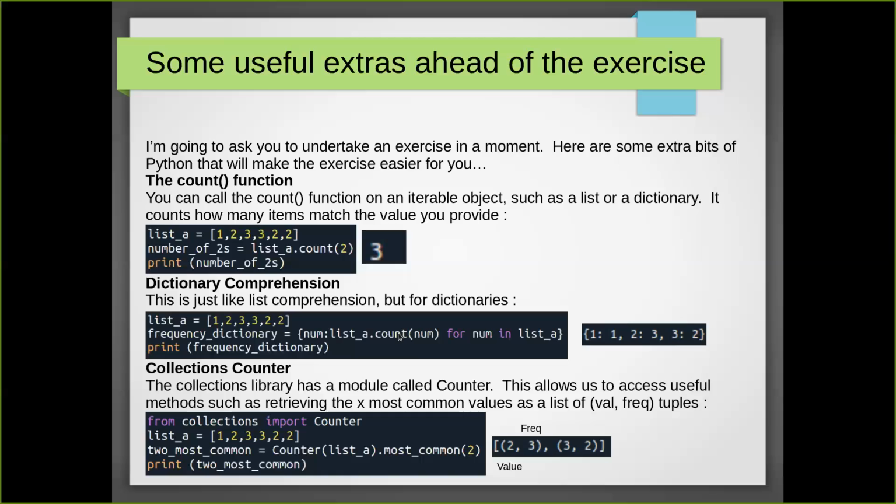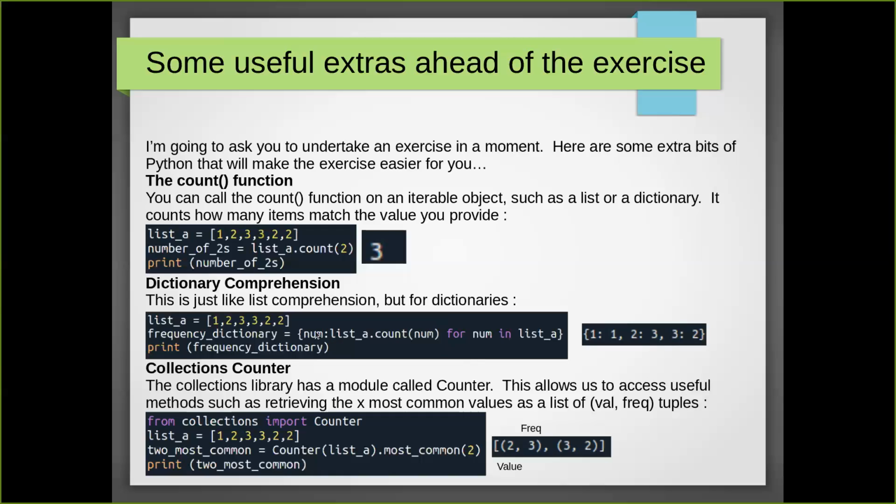And this shouldn't look too bewildering to you if you're used to list comprehensions. Let's just break that down for a minute. What is usually easier with a list comprehension or a dictionary comprehension is to start in the second bit. What this is basically saying is, for each number in list A, give me the number, so the value itself, colon, because remember in a dictionary we have key, colon, value.